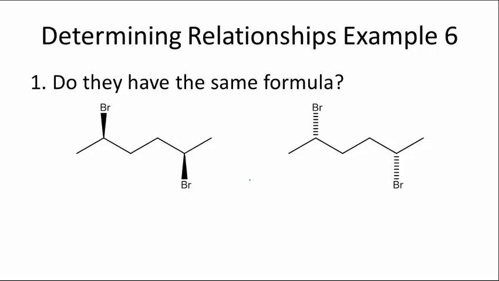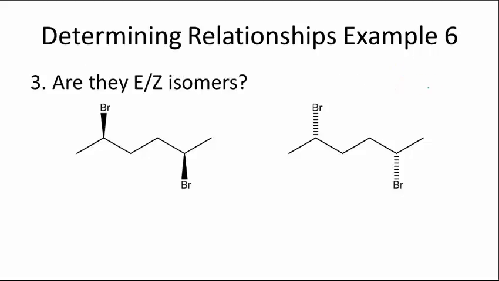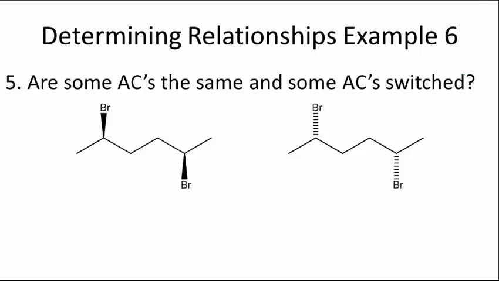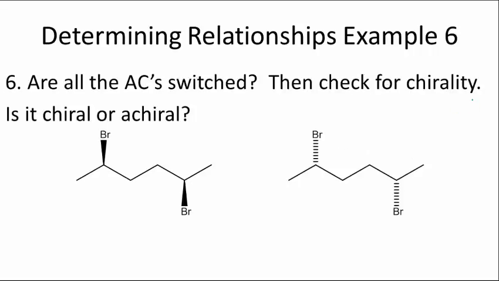All right. Do they have the same formula? Yes. Same connectivity? Are they E/Z isomers? No. Are all the asymmetric carbons the same? No. Are some the same and some switched? No. Are they all switched? All right. So they're mirror images of each other.